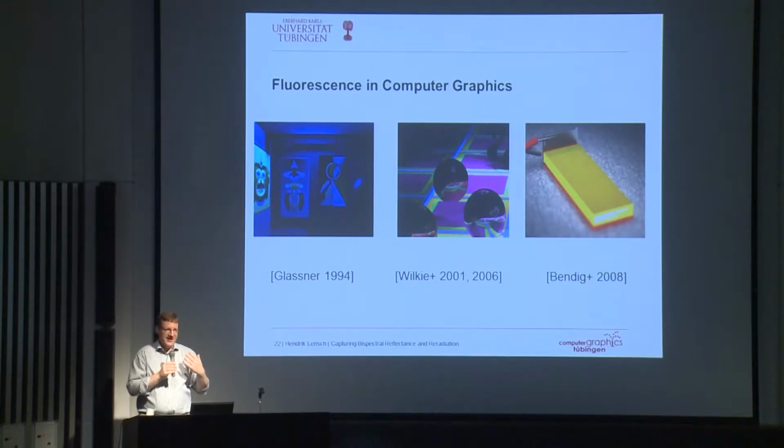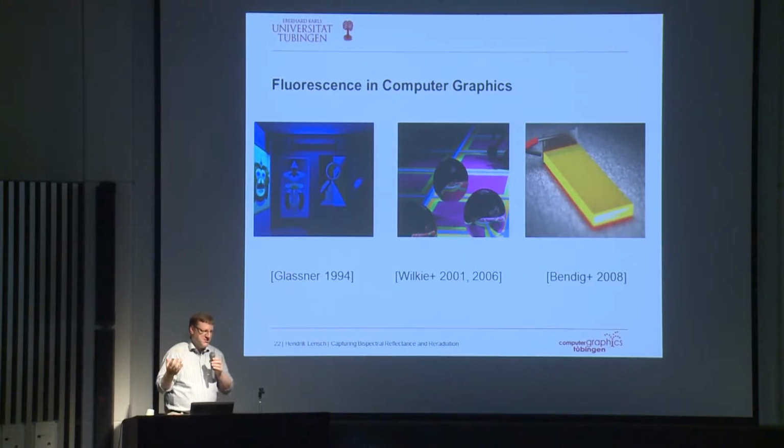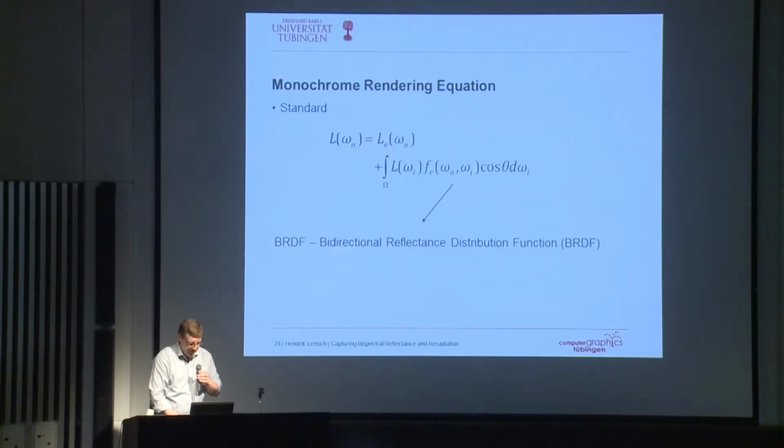There was really hardly anything else around. And still, if you look, only a couple of years ago the first spectral renderers overall appeared, okay? Let alone bispectral renderers, which you really need here, where we can simulate an incoming spectrum and produce an outgoing spectrum.